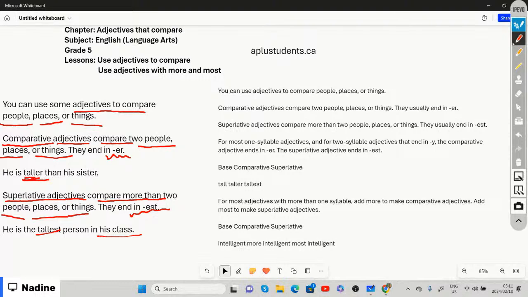And then for most words, if you have a word that has one syllable, for example, tall, tall has got one syllable only. So for most one-syllable adjectives, and for two-syllable adjectives that end in y, the comparative adjective ends in er.